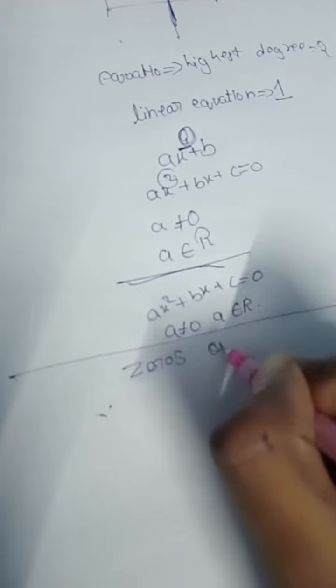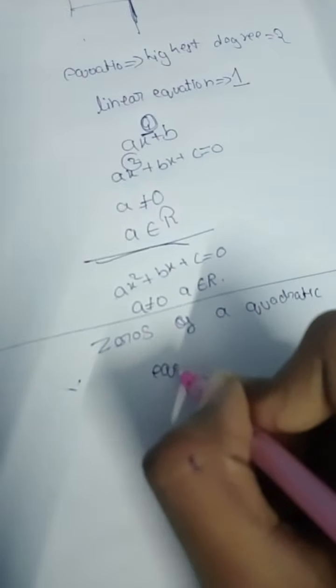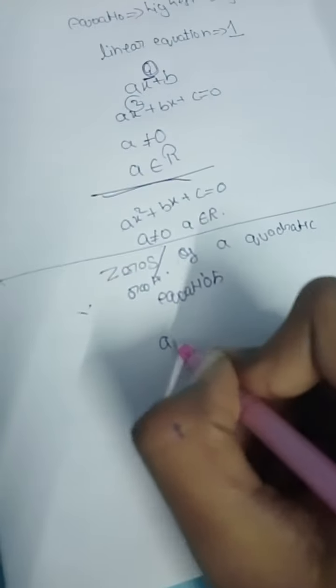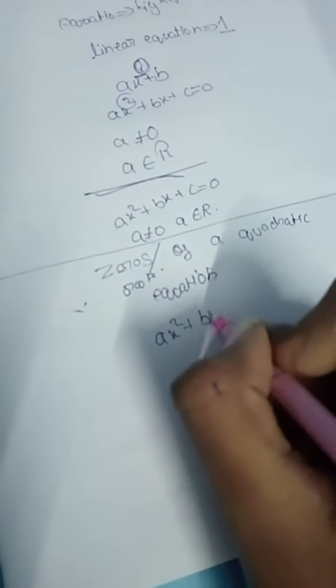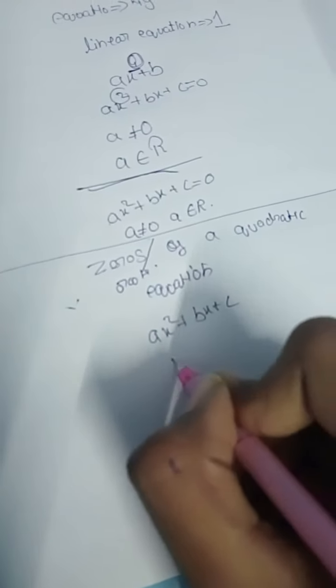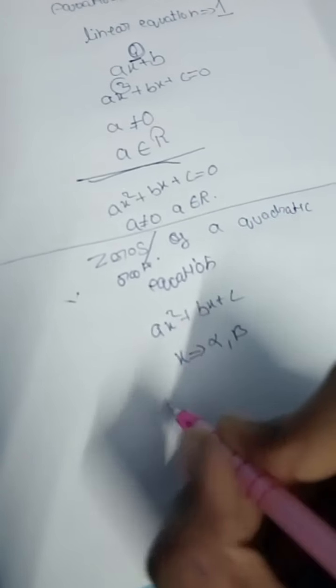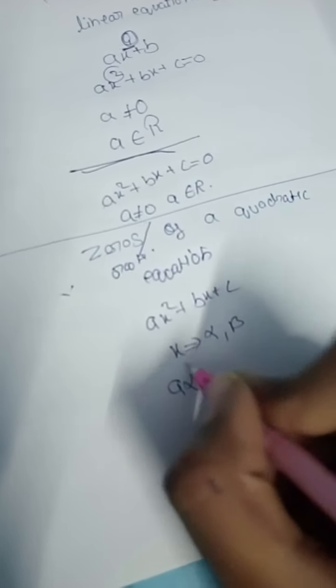Now we're going to be discussing the zeros of a quadratic equation, or you can also call them roots, in which ax square plus bx plus c, x is alpha or beta such that a alpha square plus b alpha plus c is equal to 0.